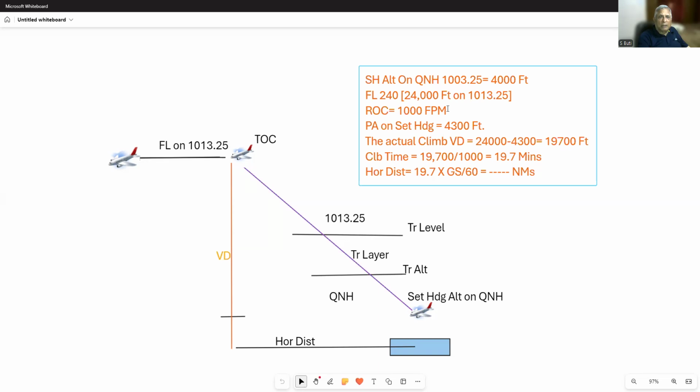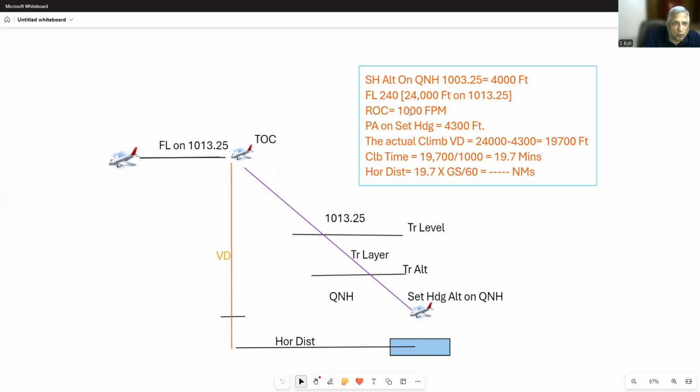Now, sometimes they do ask you how much you have actually climbed, how much time it will take you to climb, and how much distance you will cover during climb, right? In this question, he says, set heading at 4,000 feet above the aerodrome, climb to flight level 240 at 1,000 feet per minute.